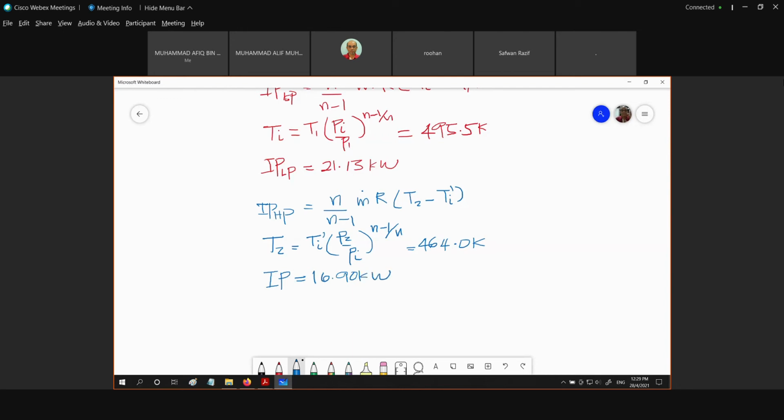All right. Then the total of IP, just add it up. And the next question, number 4, is to get the volumetric efficiency of the low pressure cylinder.